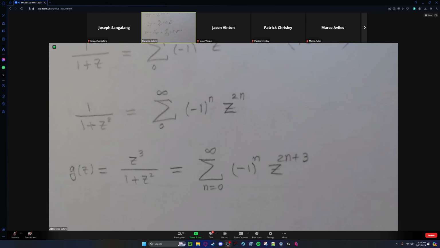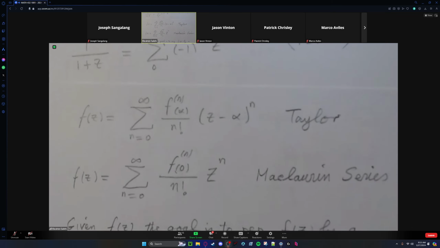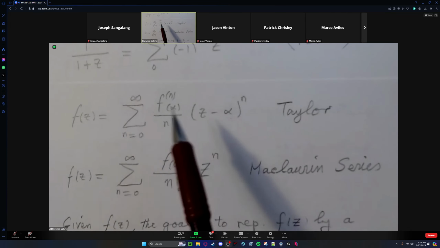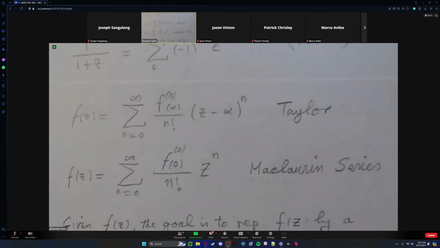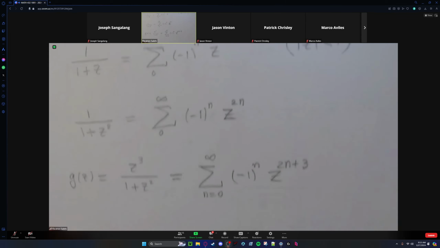I don't have to go through the Taylor series on this. I don't have to go ahead and find the nth derivative and then evaluate the nth derivative at 0 and do this thing. If I can find a shortcut, why not? Let's do it. Okay. All right.